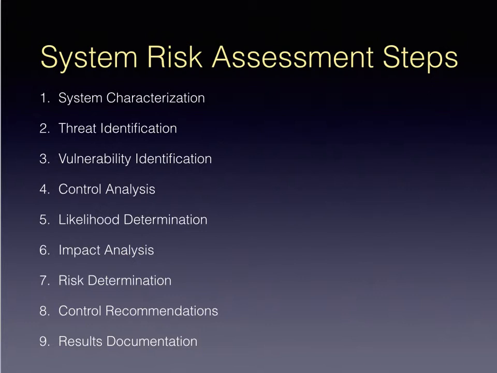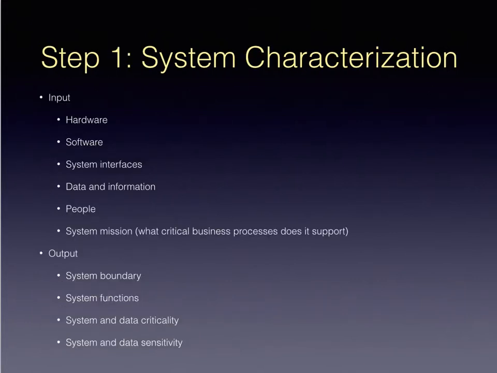So, risk assessment steps. What we've just gone through, looking at threats and vulnerabilities and business impact, are all part of a system risk assessment. Step one, system characterization. Inputs: hardware, software, system interfaces, data and information, people, and system mission. What critical business processes does it support?